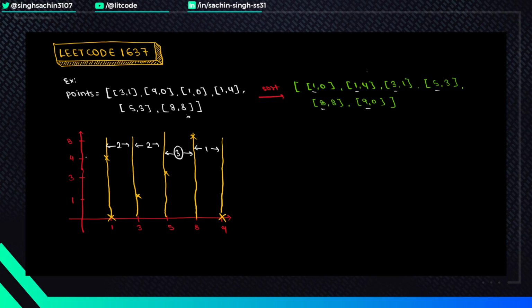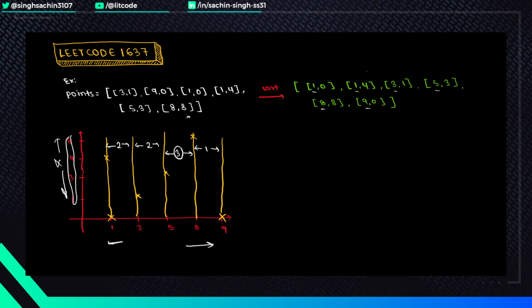Now I have plotted a graph for these coordinates as well. As you can see, we don't have to do anything with the y-axis values, so we need not care about these. But the points on the x-axis are where the main logic lies.